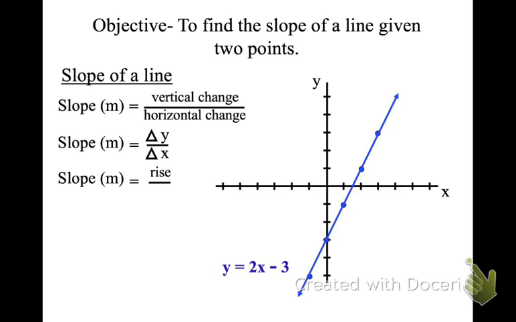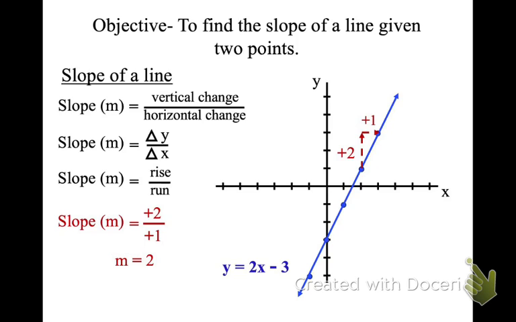So these are 3 different ways that we can describe slope, the steepness of the line. When we actually find it, you're just writing the 2 up over the 1, and you simplify it, and it becomes 2. Slope is the 2 over 1.